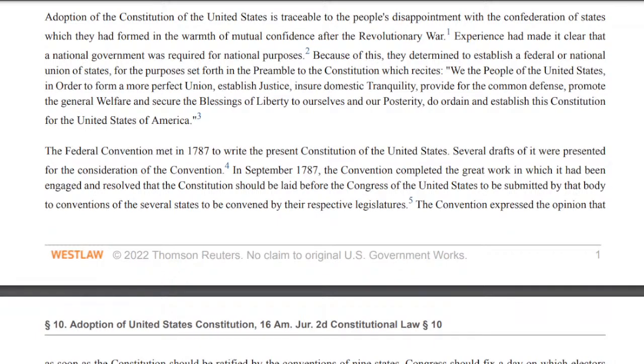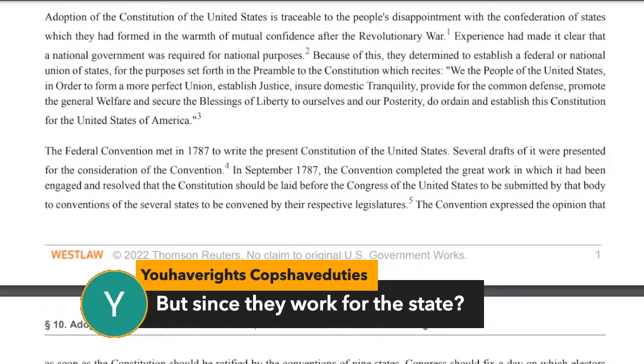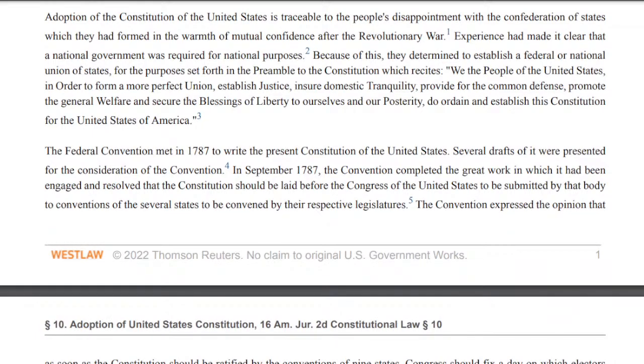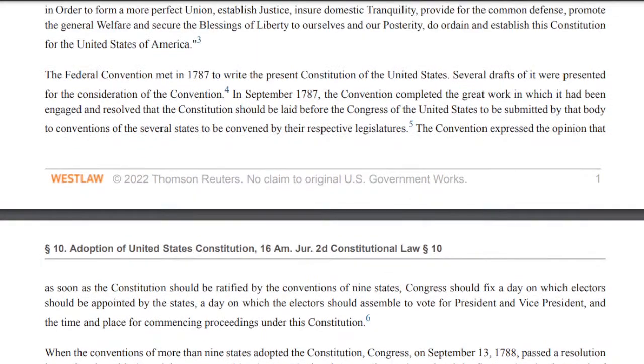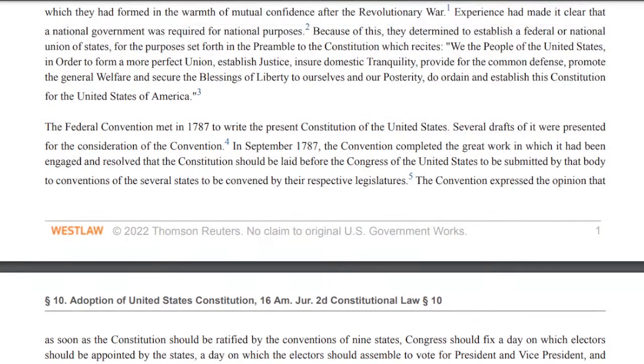Not sure who you're referring to as far as working for the state, but if you're talking about people that work for the state, even if they're following all the rules, policies, laws, and constitution of their state, if they're violating any part of the United States Constitution, there would still be a conflict in law that would be addressed to the courts properly. All right, so where do we leave here?